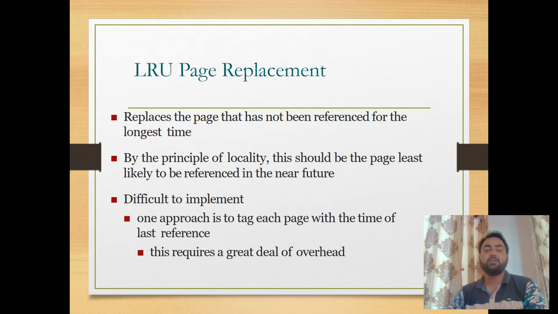Then, as you can see, we have to check the past string for replacement of a page. We have to keep a record of the pages used in the past, and due to that, this is a difficult algorithm to implement, because one approach is to tag each page with the time of last reference, and then we can know which page has been referenced when, and we can identify the least recently used page by that time frame.